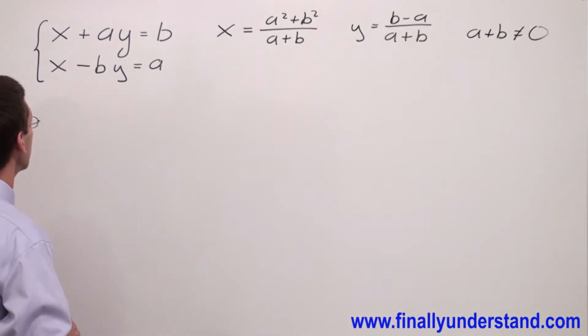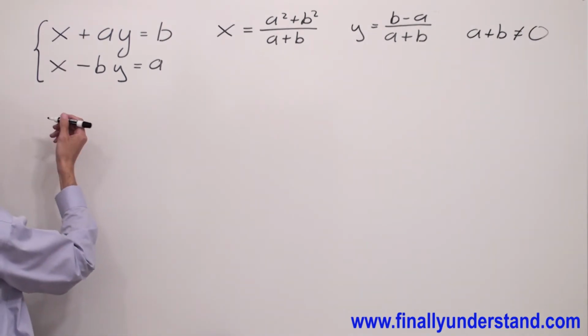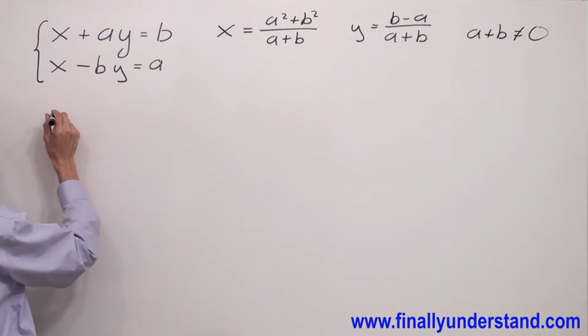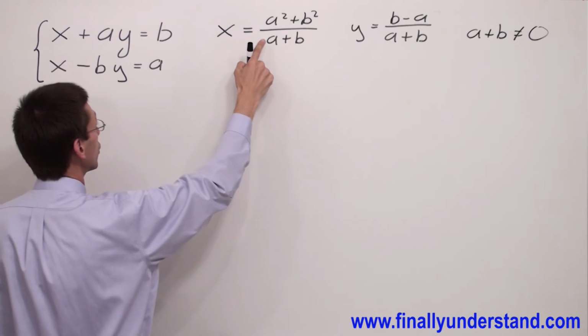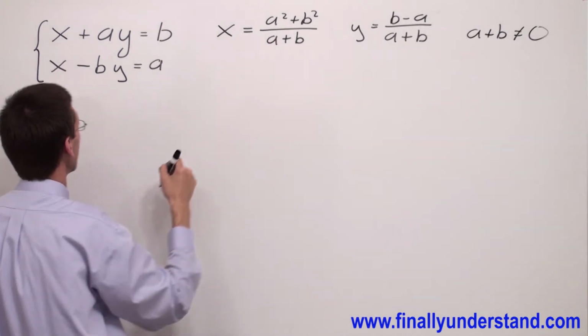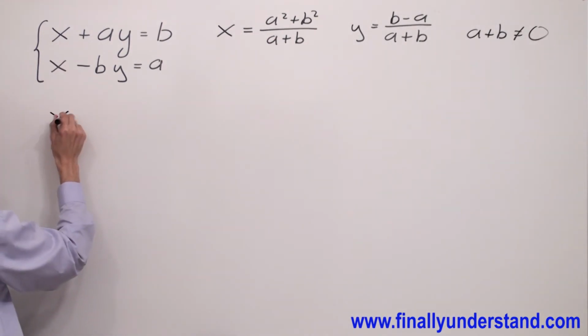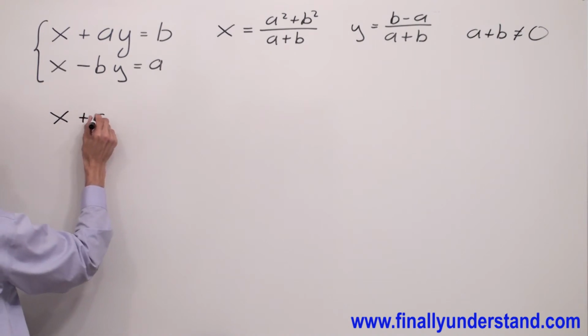So instead of x in the first equation, I'm going to write a squared plus b squared over a plus b. But let me copy down the first equation anyway.